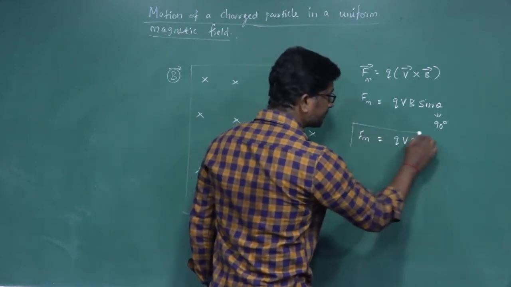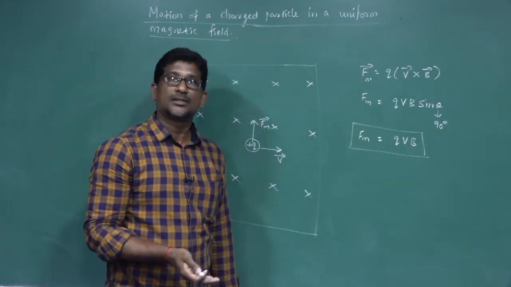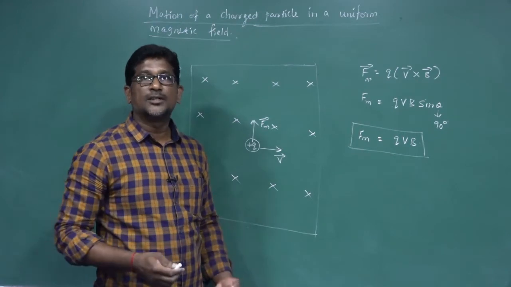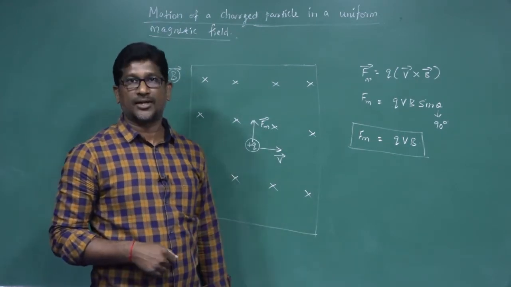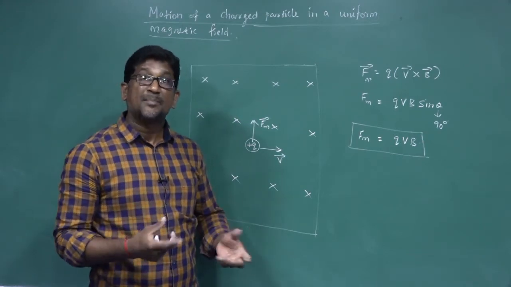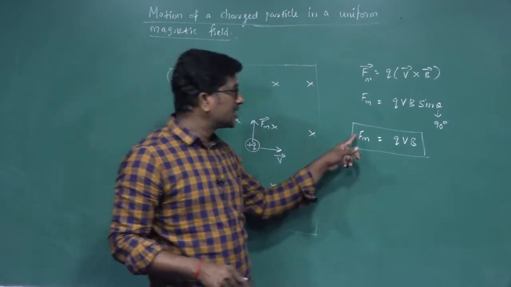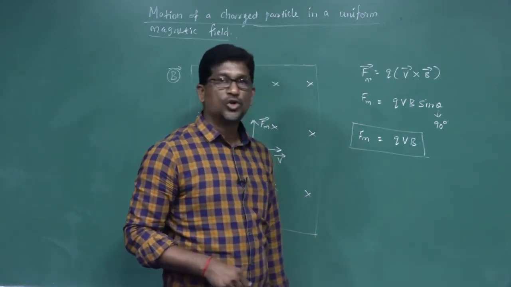So this is the maximum magnetic force experienced by the charged particle. If the charged particle moves perpendicular to the magnetic field, it experiences maximum magnetic Lorentz force, given by Fm is equal to QVB.